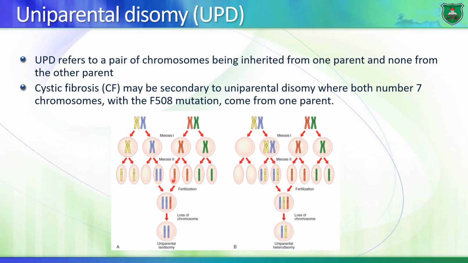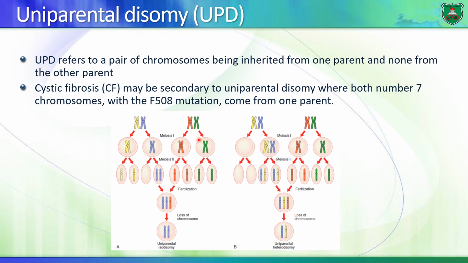Now, if fertilization happens, you would have a zygote with three of the same chromosome. Sometimes cells degrade this one chromosome, or kick it out of the cell. Usually, they degrade it. So this zygote would have two chromosomes coming from one parent, but not the other.